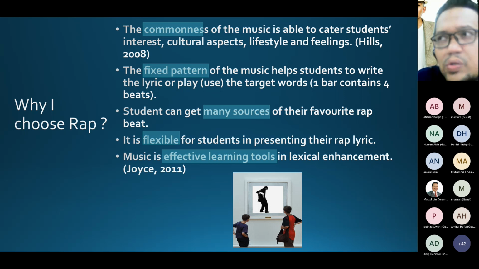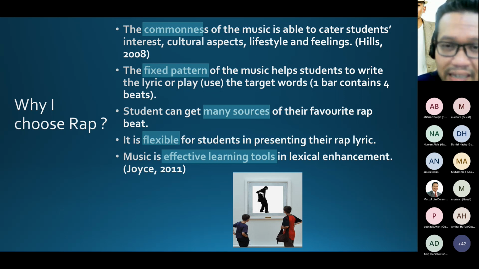Okay, for example, if I choose jazz, jazz is very classy. Classy mean maybe people who are quite rich, yang kaya-kaya mungkin sesuai dengar. Kalau I gunakan dangdut, for example, it's not really appropriate. It's not culturally close with our student.